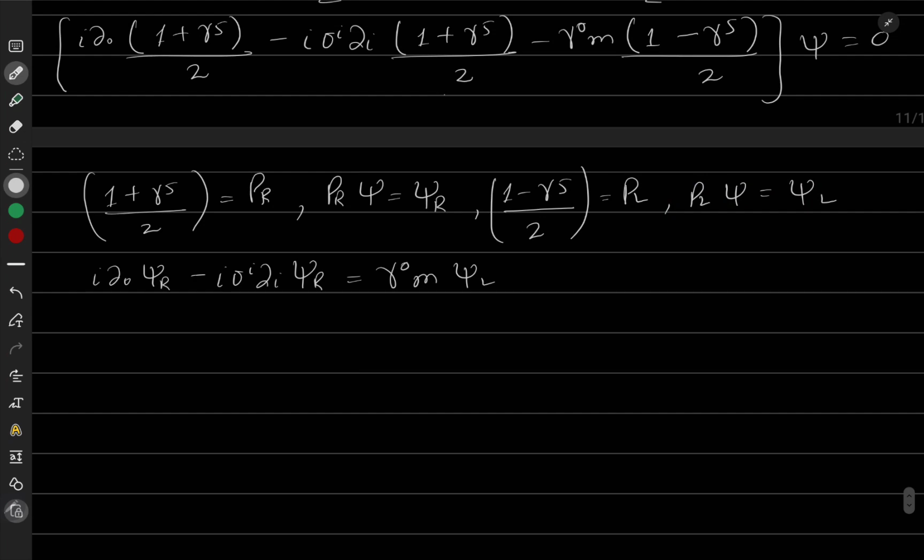Okay, so I can simplify it more. Iota sigma I di into psi R is equal to gamma 0 m psi L. Okay, let's call this equation 4.